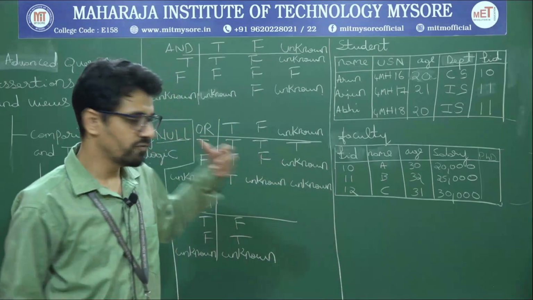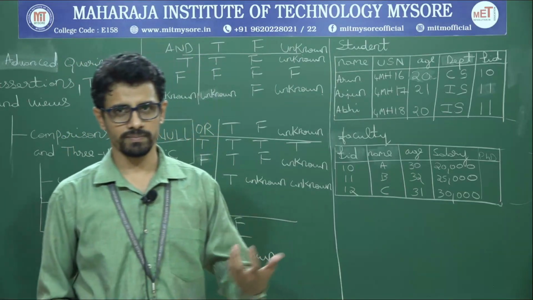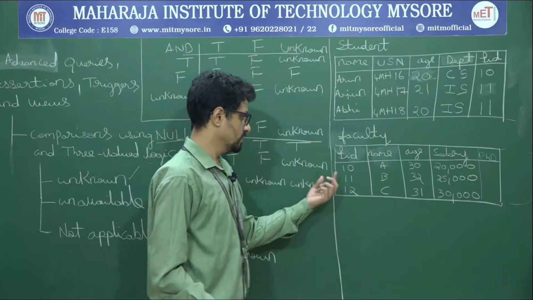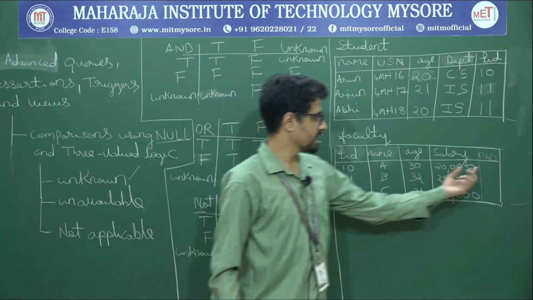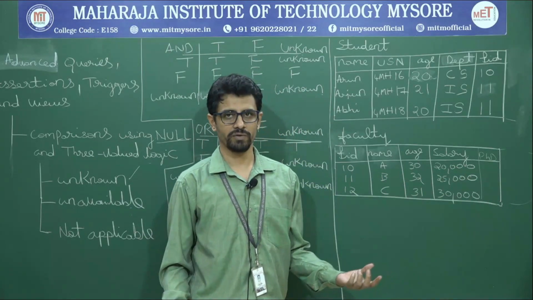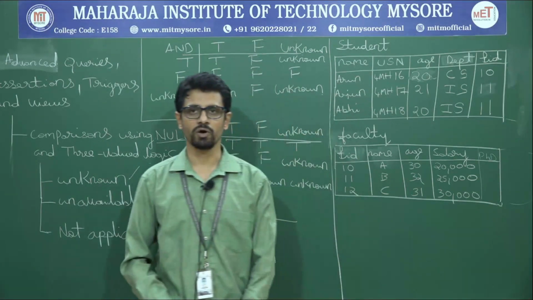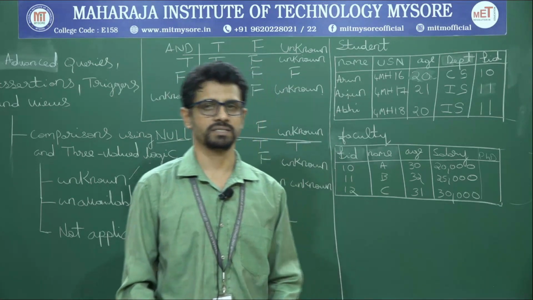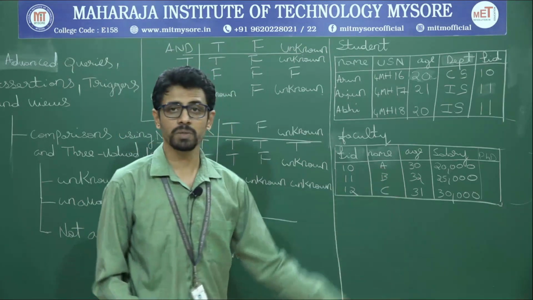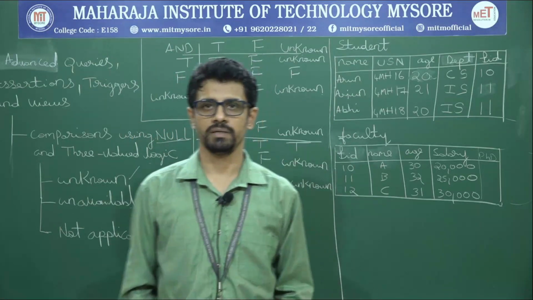There might be a few faculties who have completed their postdoc, their doctoral work, and some who are still pursuing. Some might not be registered. So for people who have completed, I can have a PhD degree. For others, it might not be applicable. Say there are some contractual faculties who have completed engineering or their masters, and they just came for contractual purposes, and they are not yet permanent faculties. For them again, I will put PhD as null. It means that for them, the PhD degree is not applicable.